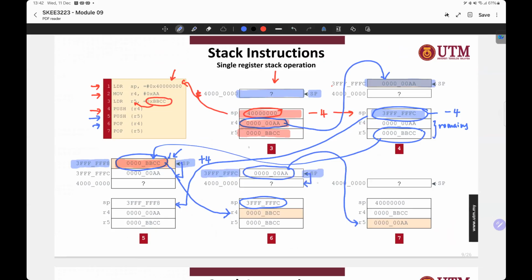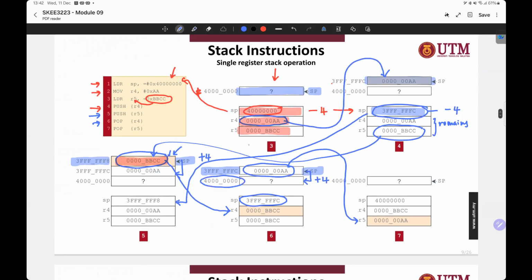The stack pointer will be incremented by 4, pointing to this address 40000000. So this is the value of the stack pointer after you execute instruction number 7, and the stack pointer inside of the stack memory points to this address 40000000.